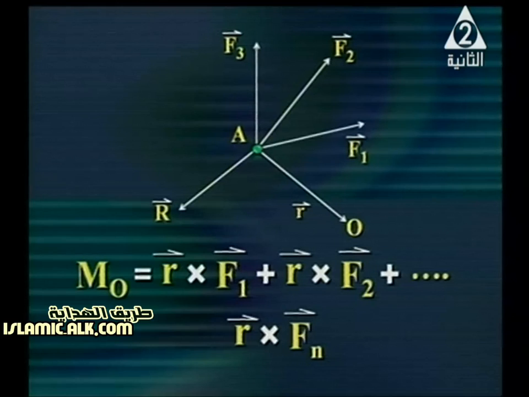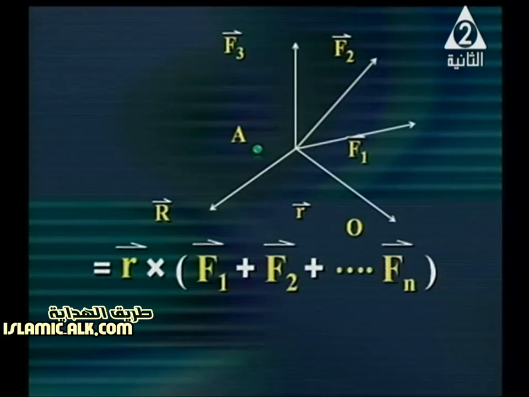By taking the common factor, we write the moment equals R cross the bracket containing vector F1 plus F2 plus Fn.